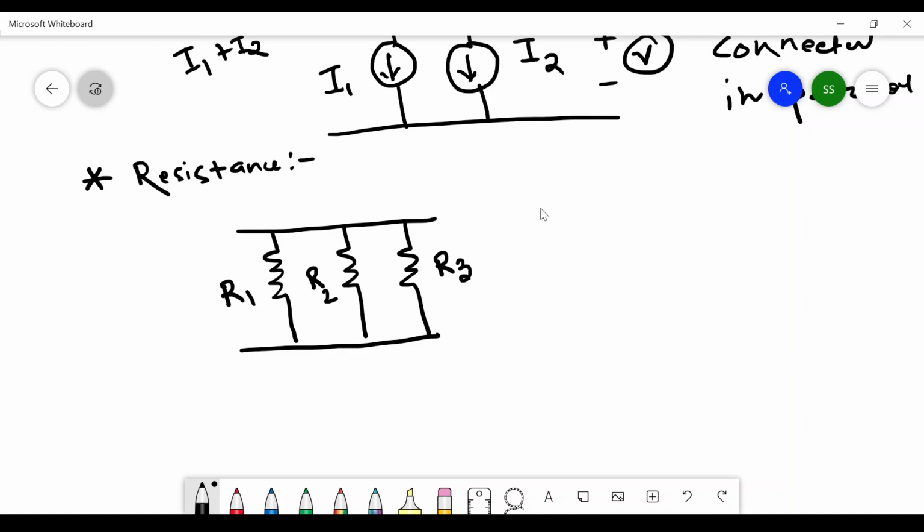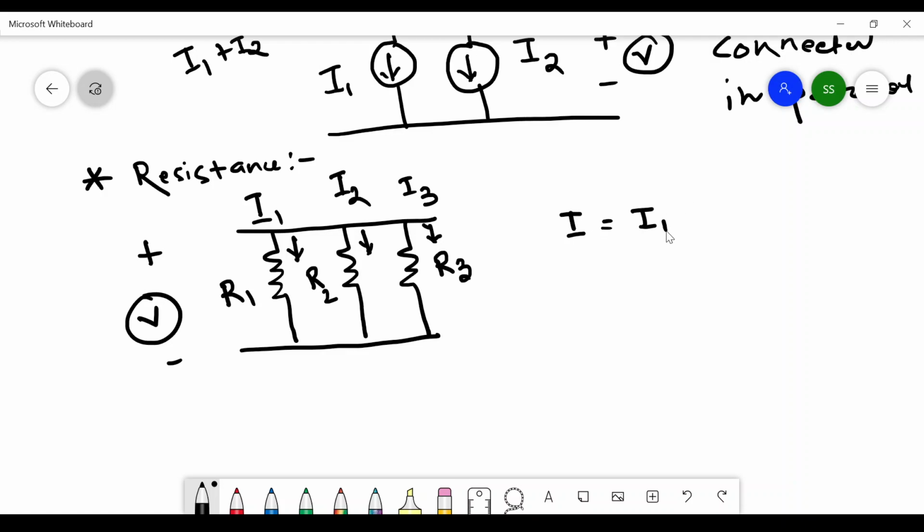In that case the voltage is constant across all the resistances, that is V, but the current is different. Here I1 flows in this direction, I2, and here I3. So I equals I1 plus I2 plus I3, and voltage is constant.